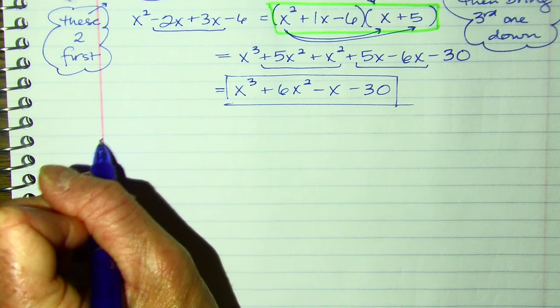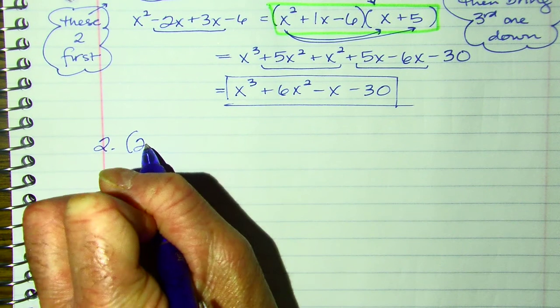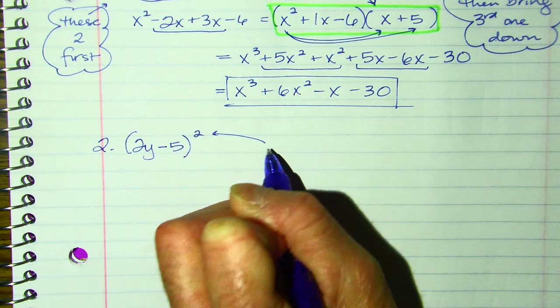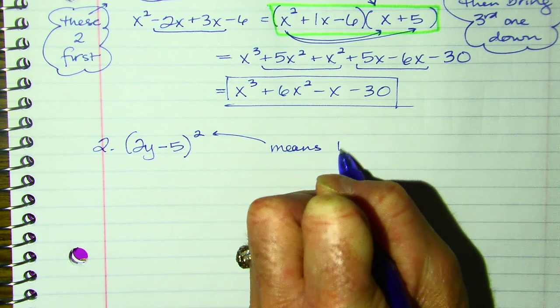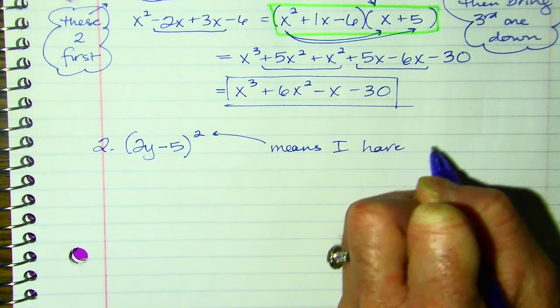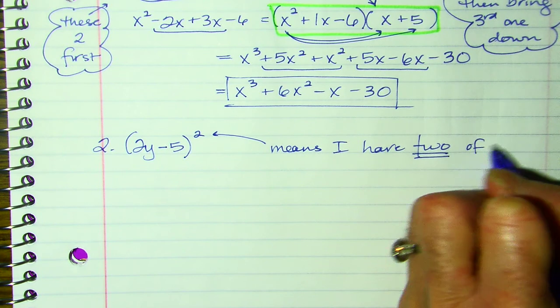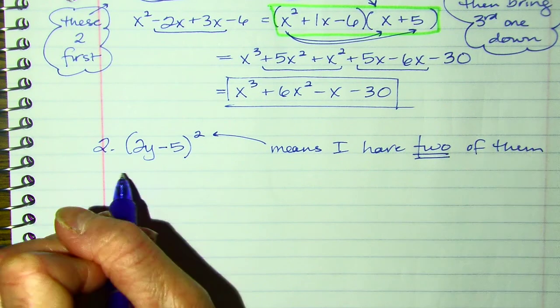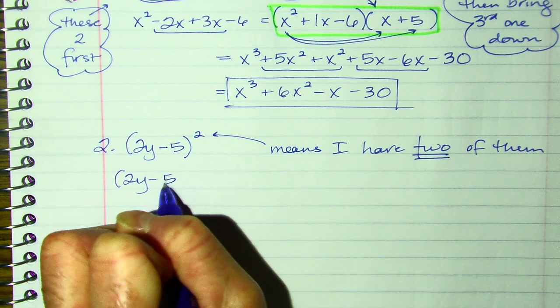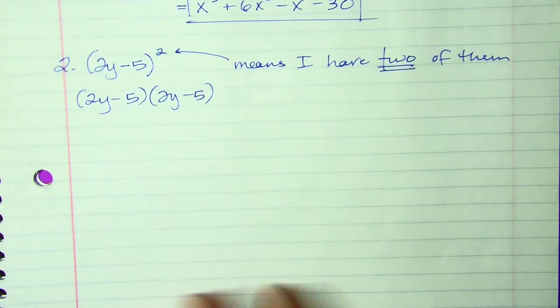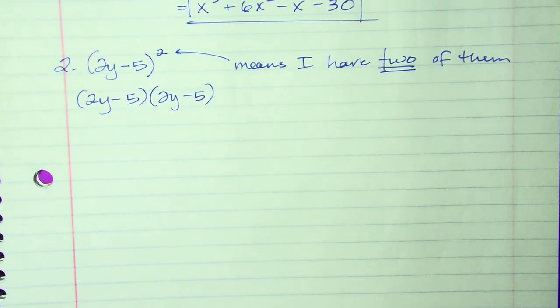So here's another example. If I have 2y minus 5 squared, that right there means I have 2 of them, and I have to write it out. So 2y minus 5 times 2y minus 5. This is a problem that most people skip. Some of you are just going to write 4y squared plus 25.